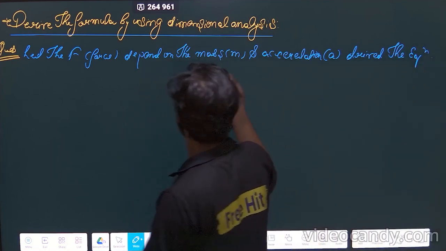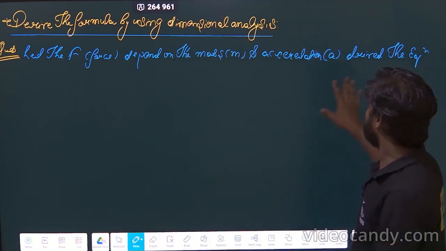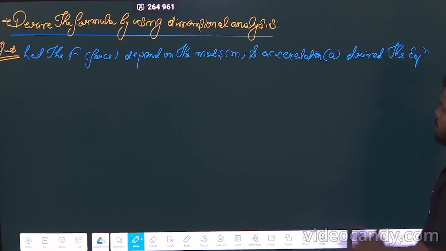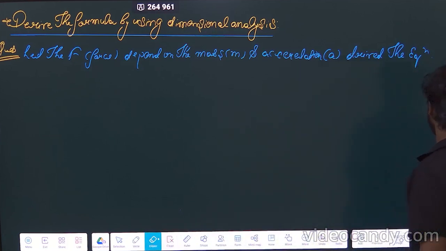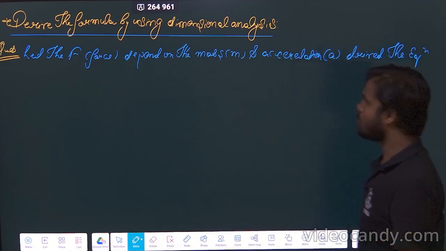Let force depend upon the mass and upon the acceleration, you have to derive the equation. See, you know that the equation is force equal to mass into acceleration, but suppose I don't know, I want to derive it by using the dimension analysis. Okay, so let us see how we are going to do it.